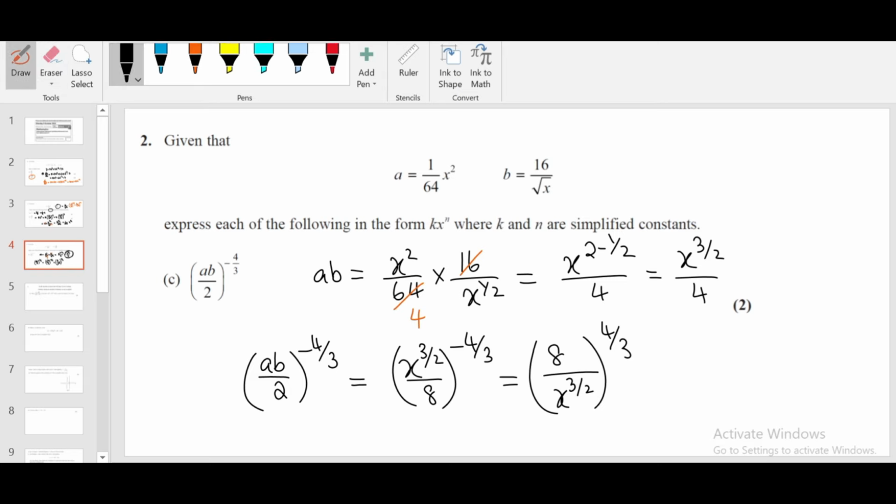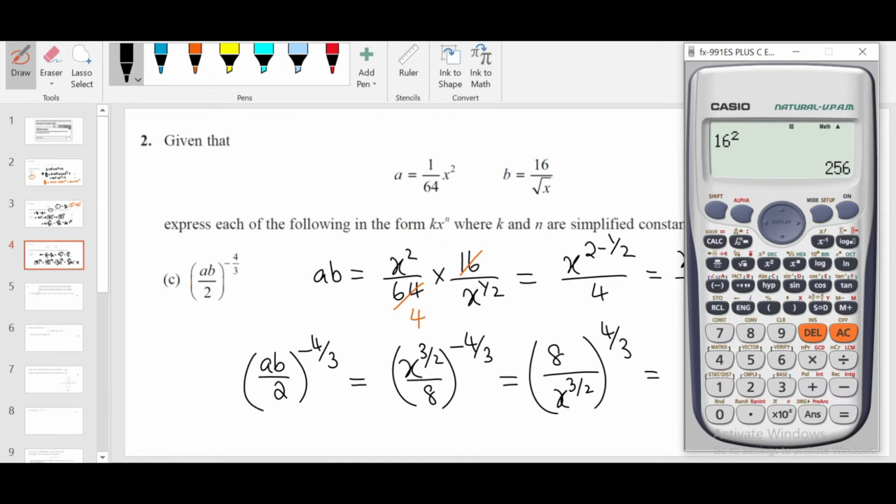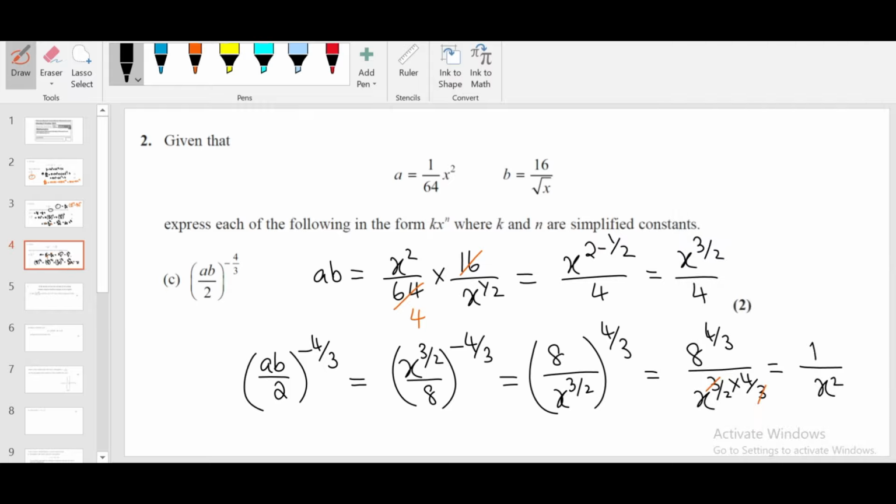And then put the power separately: 8 power 4 over 3 divided by x power 3 over 2 times 4 over 3. This becomes x squared because the 3 will be cancelled, 4 over 2 is x squared. 8 power 4 over 3 is 16.